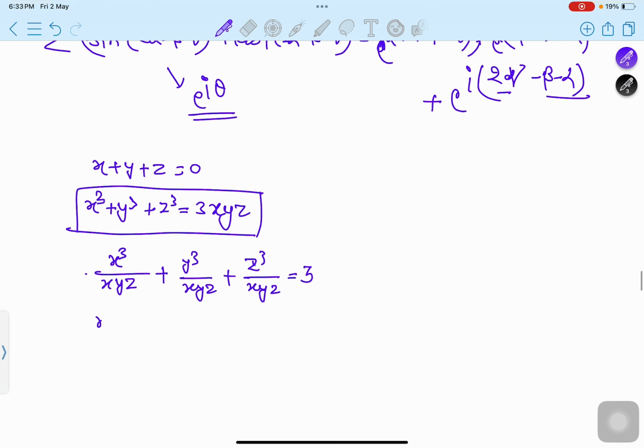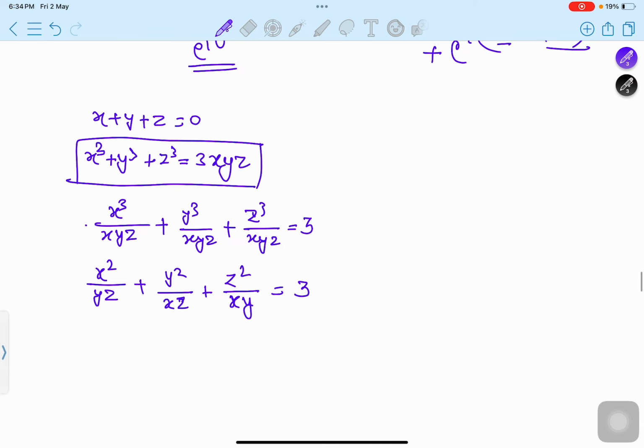Okay, so that gives x square upon yz, y square upon xz, and z square divided by xy, equal to 3. And after that you can put in the values.